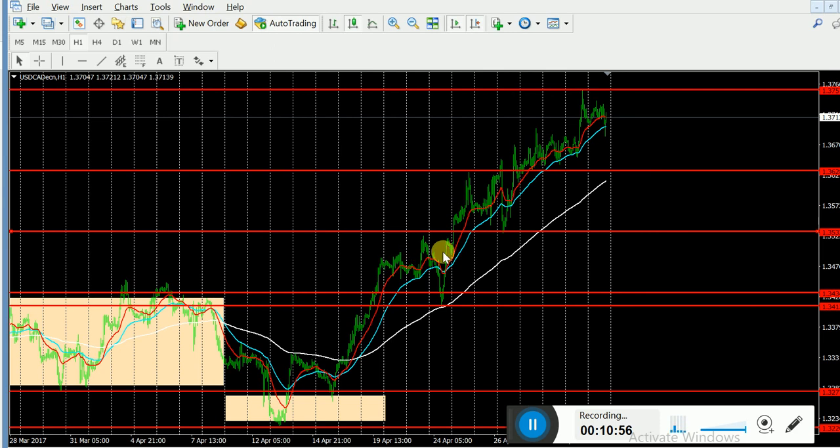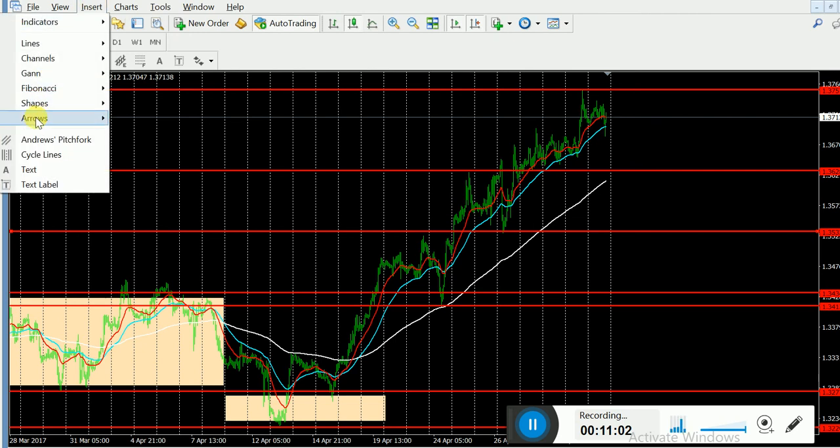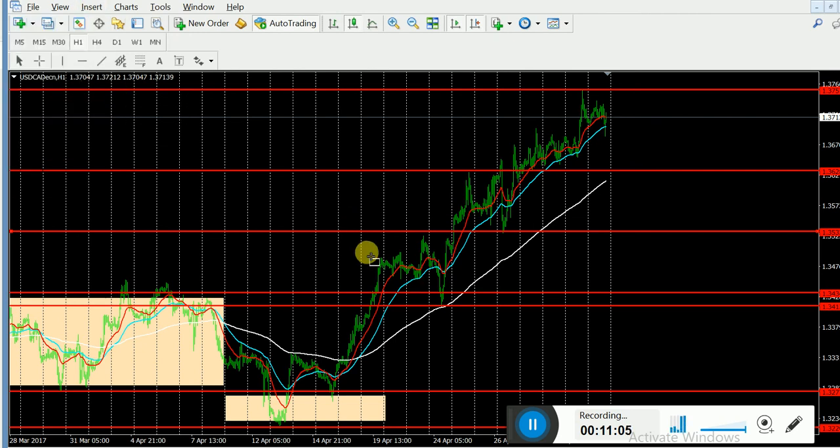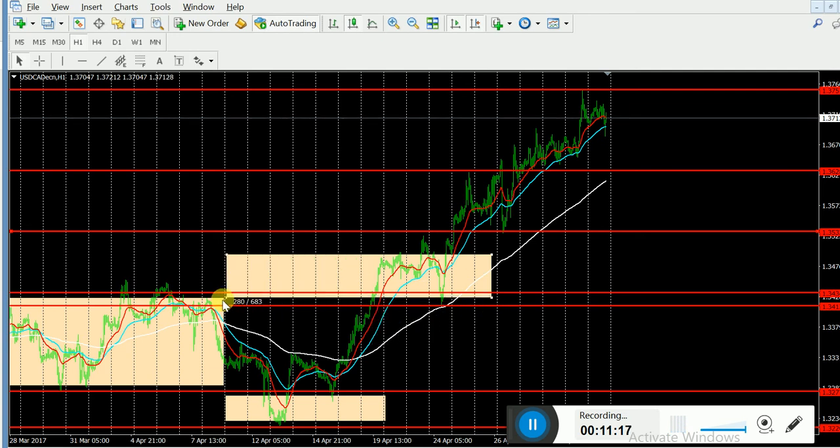Level 1 to level 2 rise. Level 1's here. Look how we drop back down to the high of here.